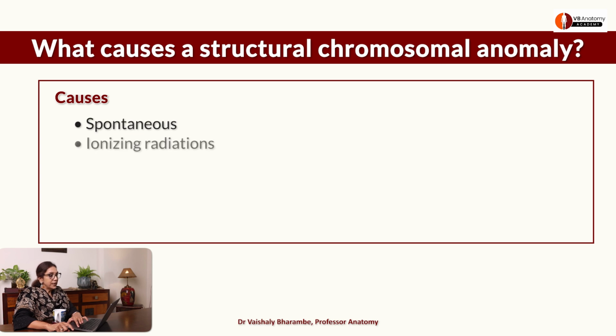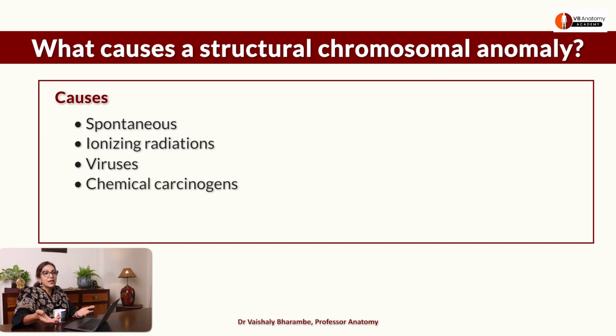Another is when you are facing ionizing radiations. What happened in Hiroshima and Nagasaki when the atom bomb was dropped there? The people were exposed to so much ionizing radiation that it resulted in so many chromosomal abnormalities. Also, some viruses cause abnormalities. Some chemical carcinogens, which is what we are fighting when we say don't release your effluents from factories into water.